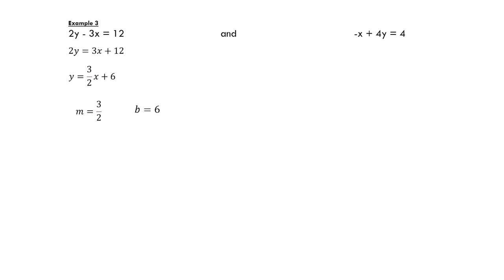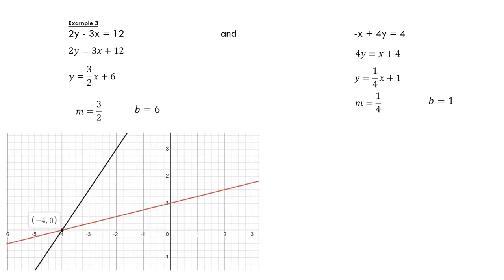With our other equation, rewriting in slope-intercept form, we end up with y = 1/4 x + 1, telling us that our slope is 1/4 and our y-intercept is 1. Graphing this information, we can visually see that our point of intersection is (-4, 0).